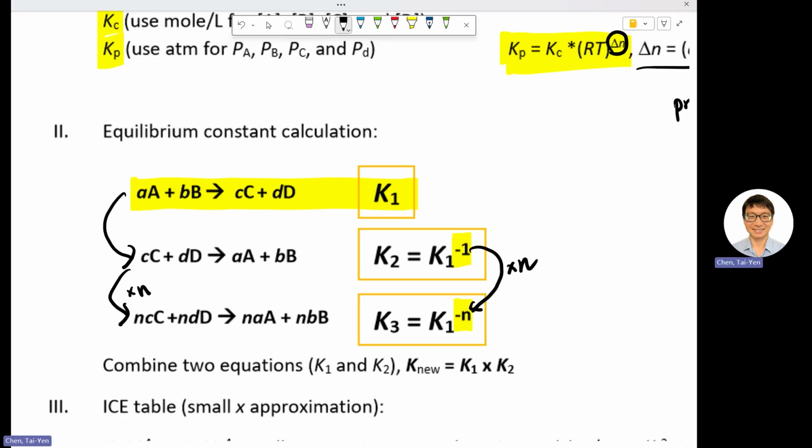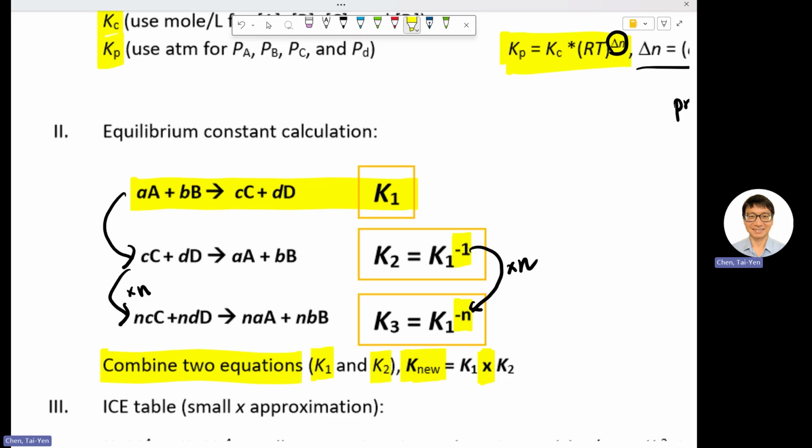And the very last thing that we need to know is that if you combine two equations, let's say with K1 and K2, then your new equilibrium constant will be the product of those two equilibrium constants.